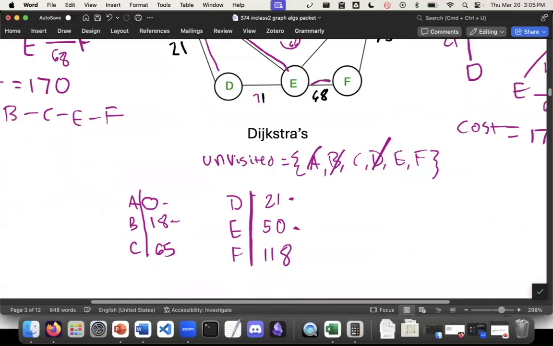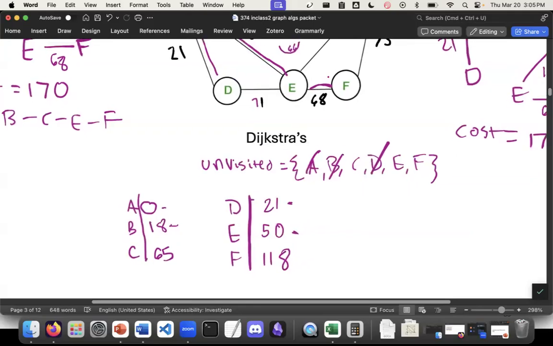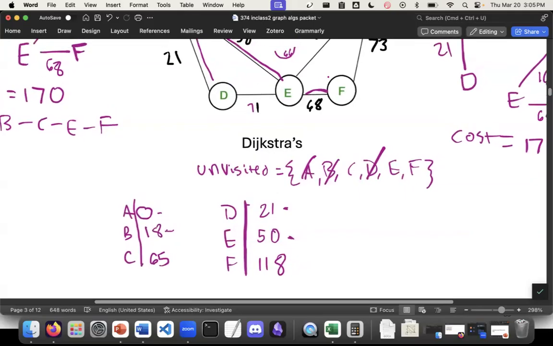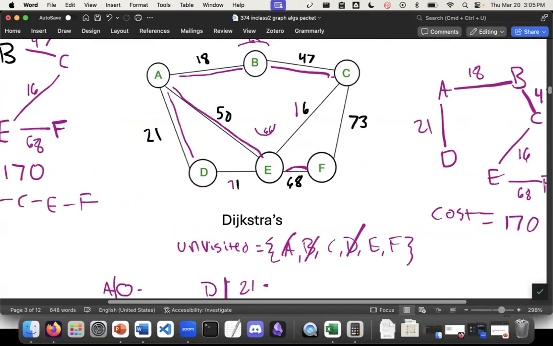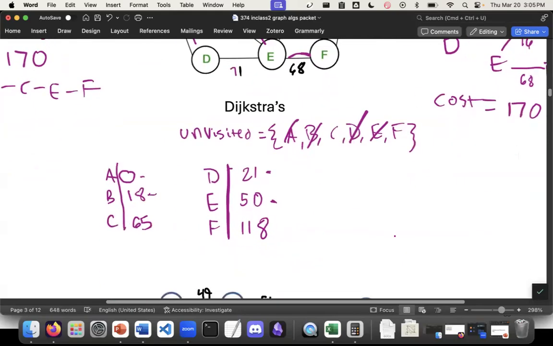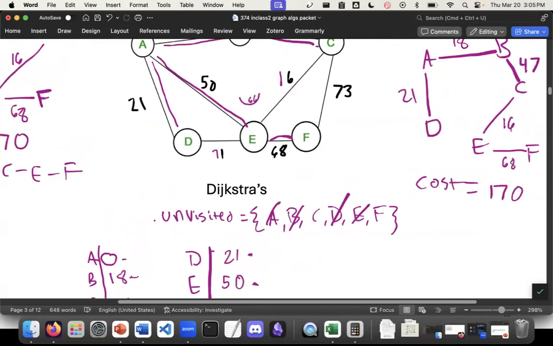So we can reach F through E. Are we done with E? I think so. Okay, now C versus F. 65 versus 118. 65 wins.